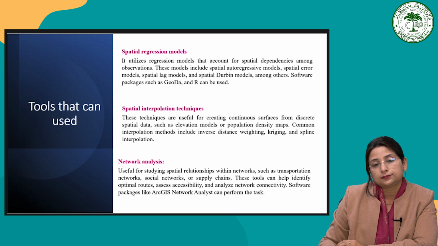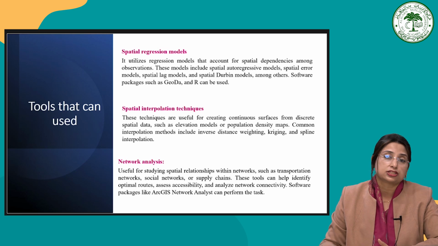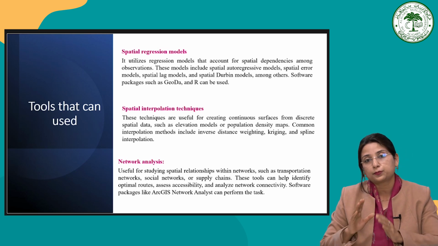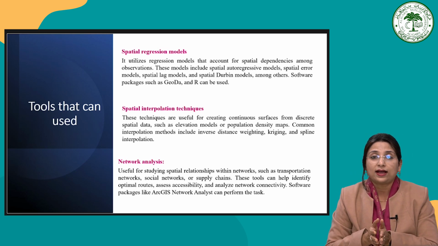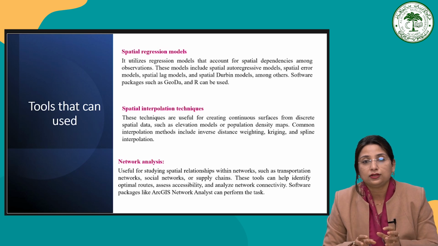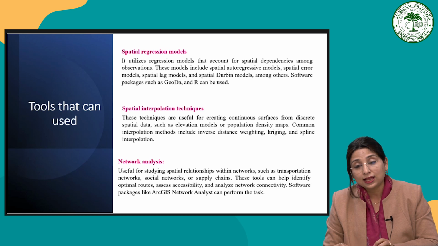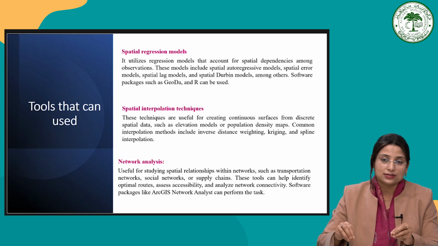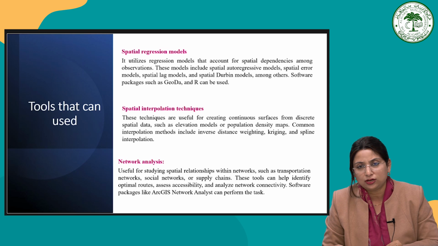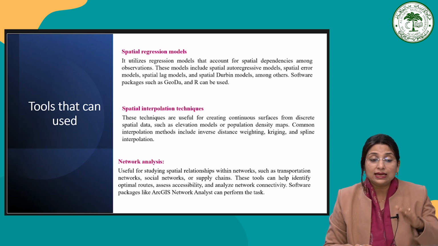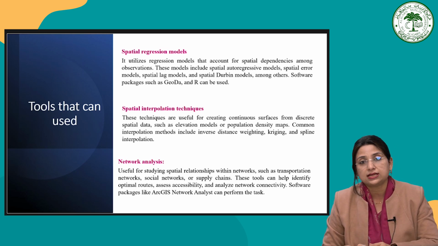Another I would like to name here is spatial interpolation techniques. I have already talked about interpolation in my previous lecture. If you remember, students, interpolation is finding out the unknown values of an unsampled location with the help of known values existing nearby, in order to maintain continuity in data.